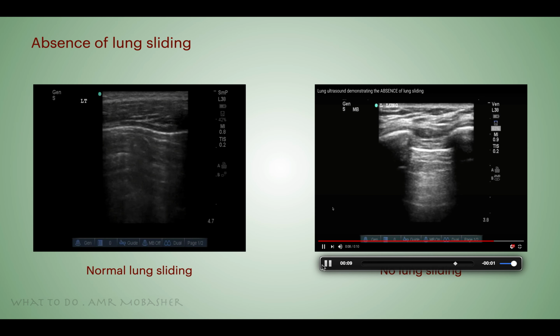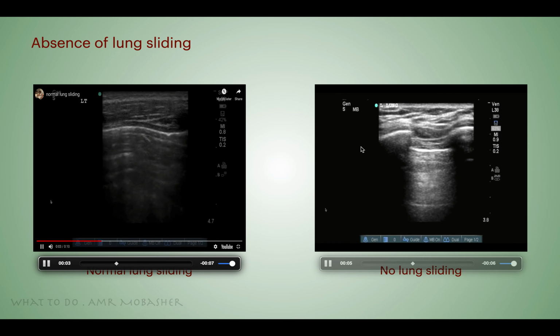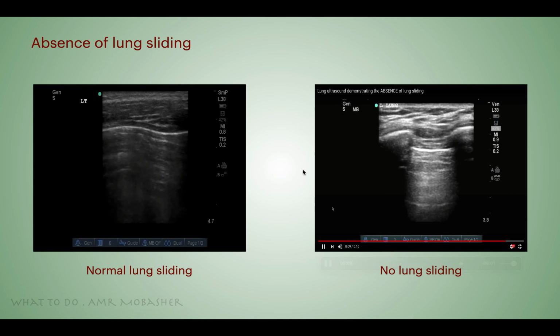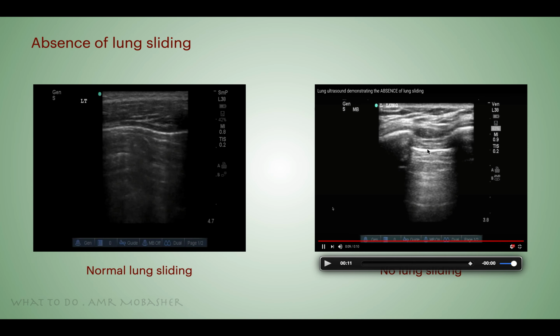Again, if we can compare that side with that side at the same time, look at the difference. Now it's easy. Positive lung sliding, no pneumothorax; no lung sliding, suggestive of pneumothorax. And I say suggestive because there are some lung diseases which can limit lung sliding, especially severe restrictive lung disease like ARDS.